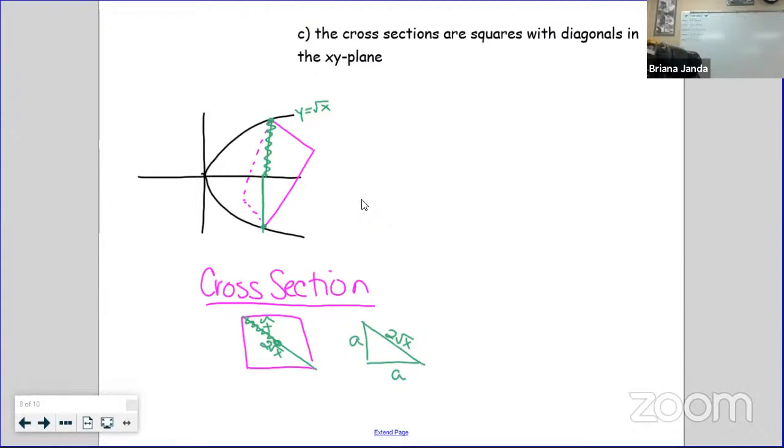And so we will look at the relationship of the side lengths of a right triangle, and that is your Pythagorean theorem. So I know that a squared plus a squared equals 2 square root of x, and I want to know what a is, or at least what it is in terms of x, right?